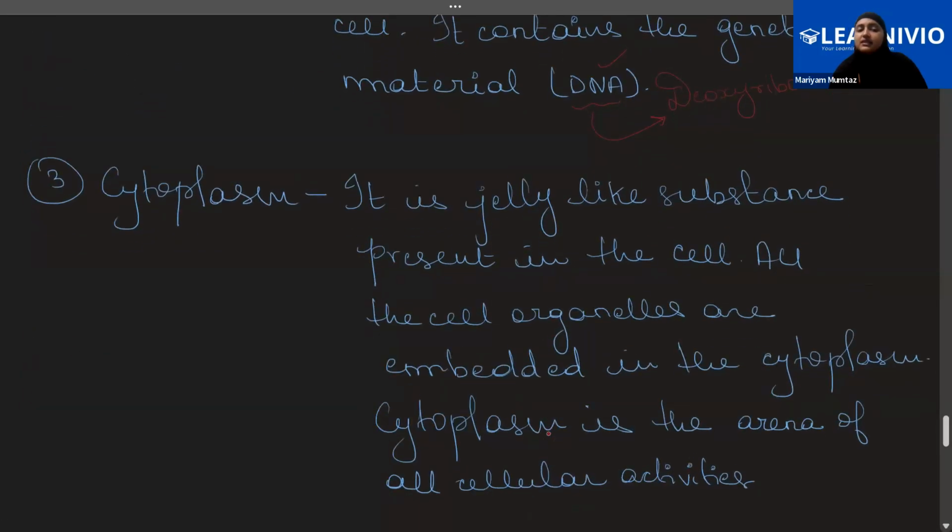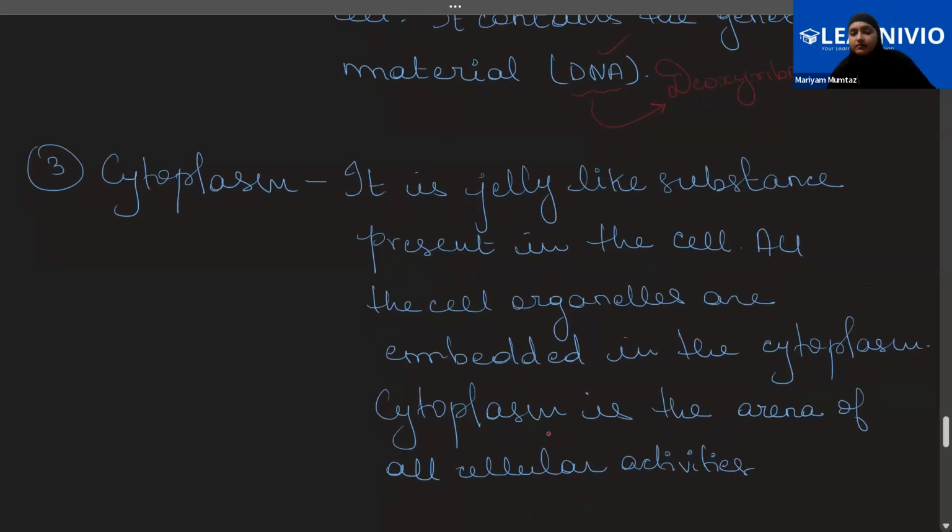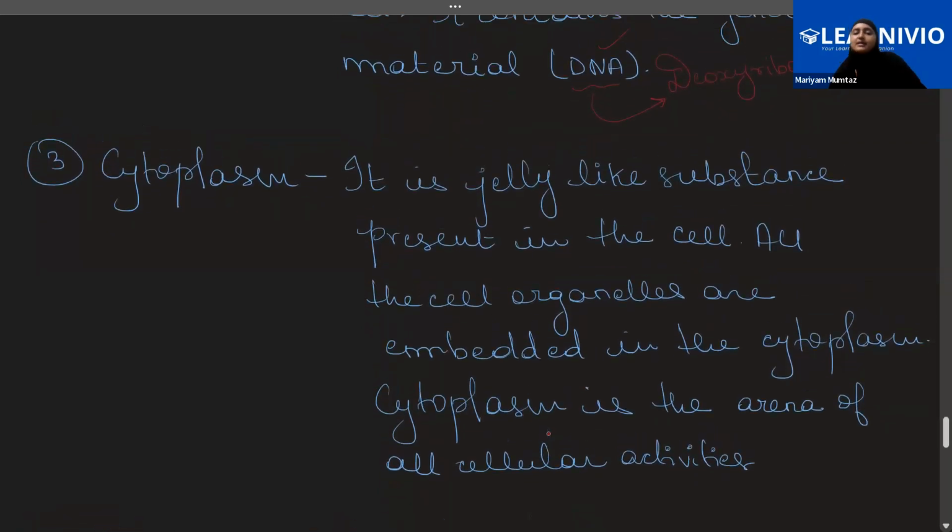Now the next is the cytoplasm. Just imagine it like the whole space inside the cell. It is a jelly-like substance present in the cell. All the cell organelles are embedded in the cytoplasm. For example, if this is the cell, this outer structure will be the plasma membrane, right?